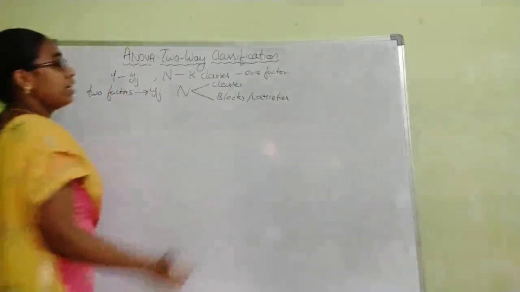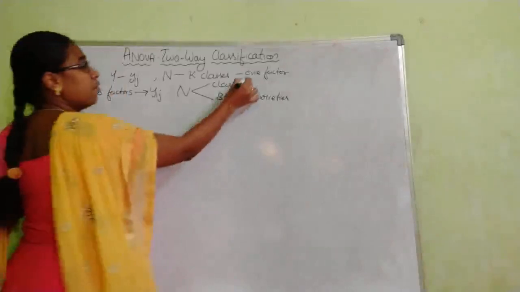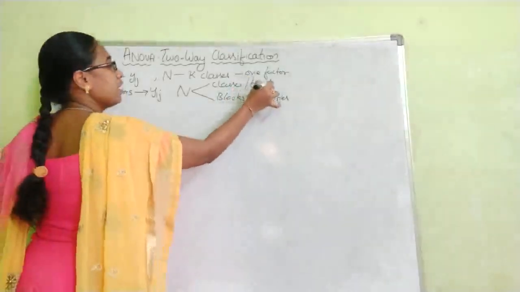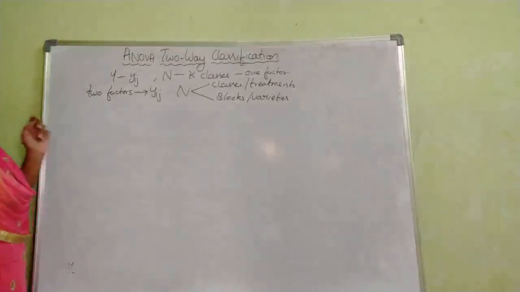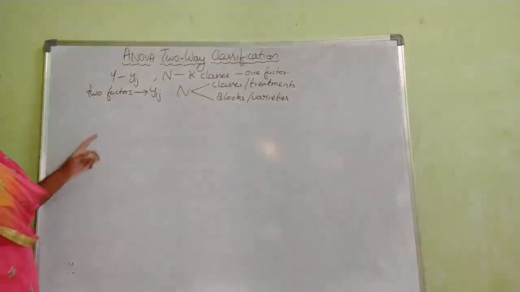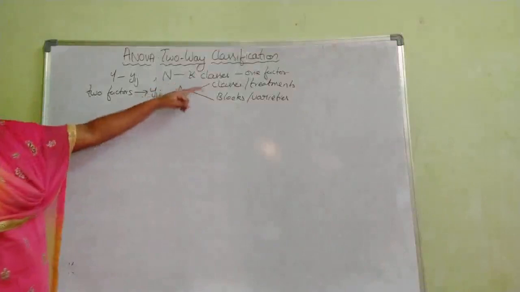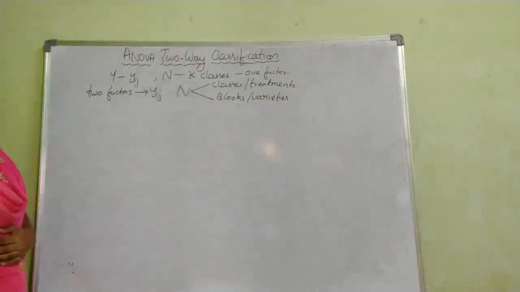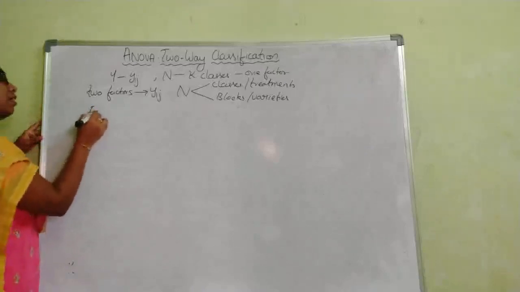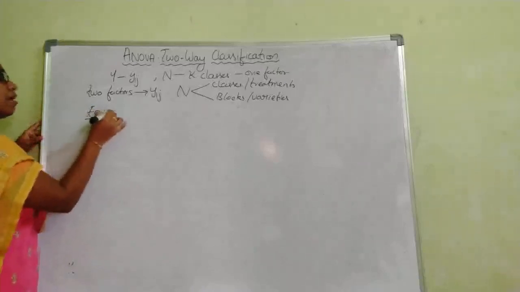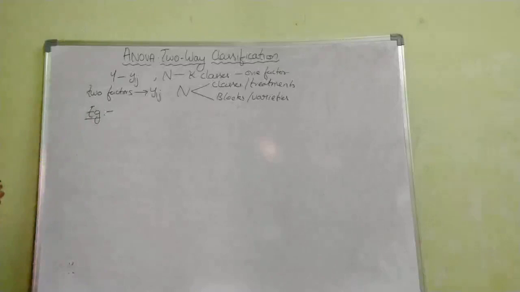So there are different terms we can use. Here we say treatments and blocks. So generally I will be using the words treatments and blocks. So treatments means the classes, and blocks means the varieties. Now I will consider some example to understand this in a better way.